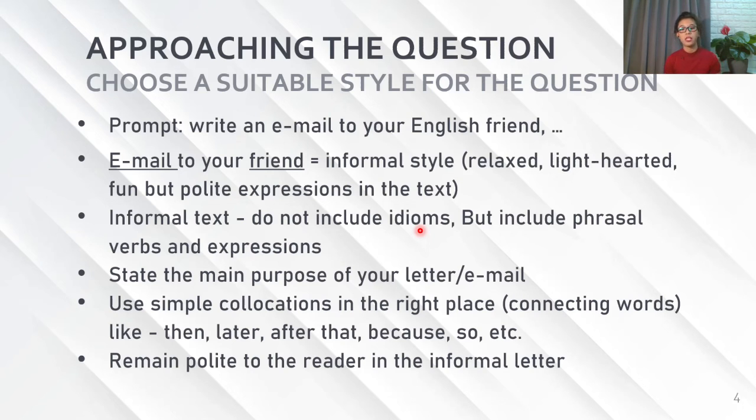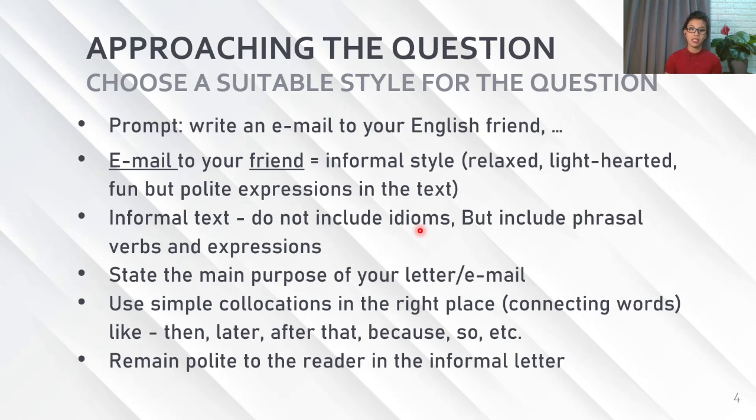You don't have to put in these collocations, because this is asking you for 35 to 45 words. Remember to always reduce the unnecessary words. You don't have to waste your space on these extra and unnecessary collocations.